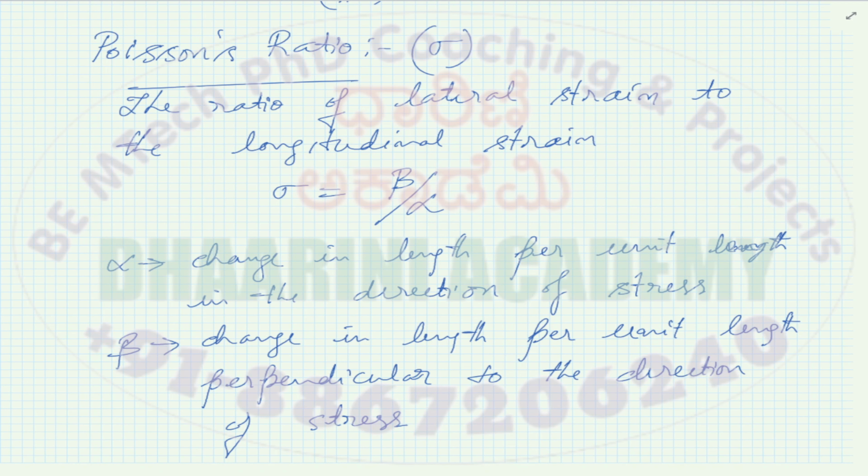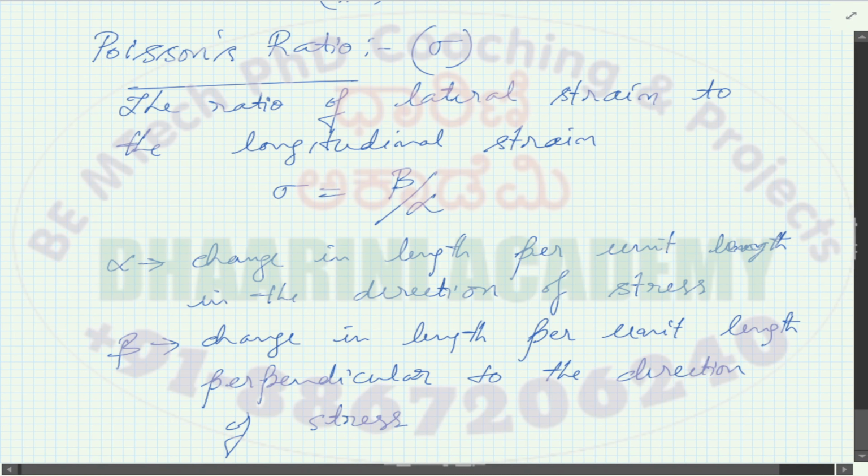Now we need to go for a specific derivation. The derivation is the expression for the bulk modulus K in terms of alpha and beta. That will be the next step.